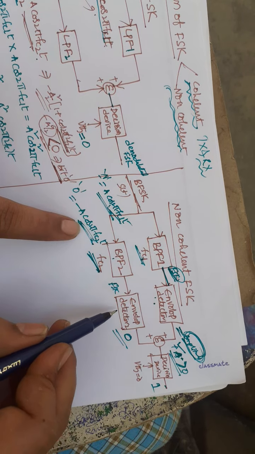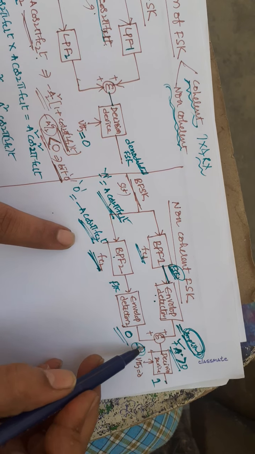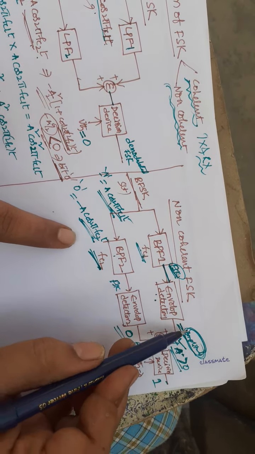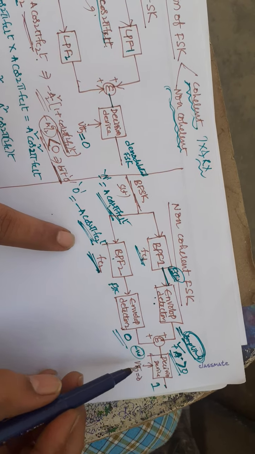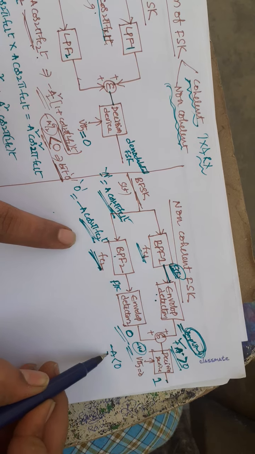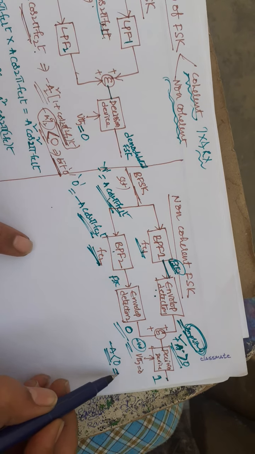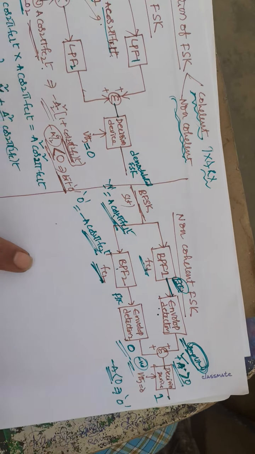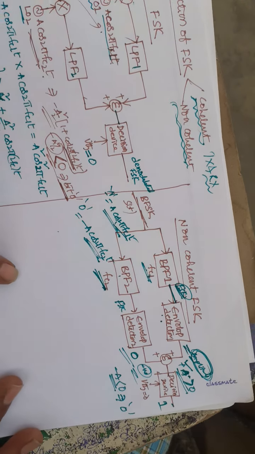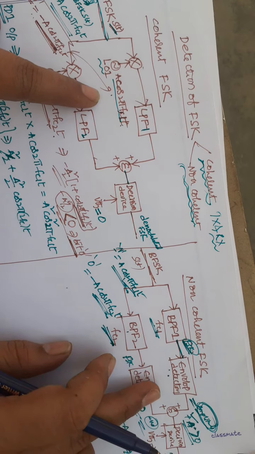It gives the envelope of the input signal, so here we will get a negative voltage. By adding these two, 0 minus negative, you will get a negative voltage. This negative voltage is less than 0, so the decision device will produce the output in favor of bit 0. This is the operation of coherent FSK and non-coherent FSK.